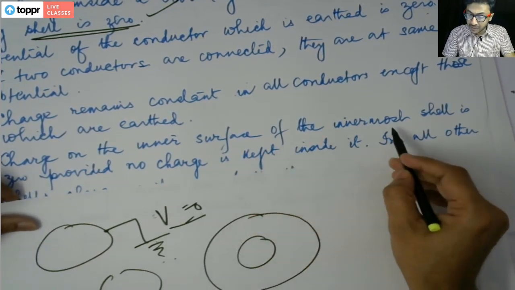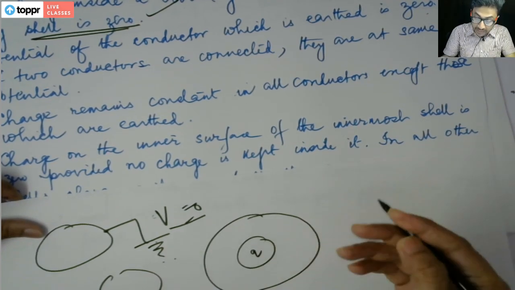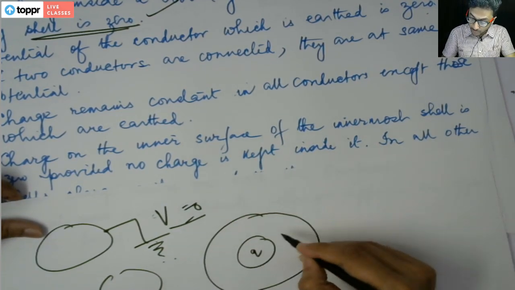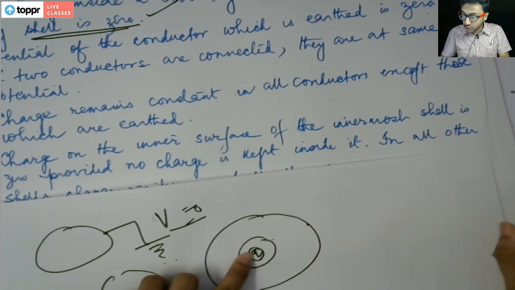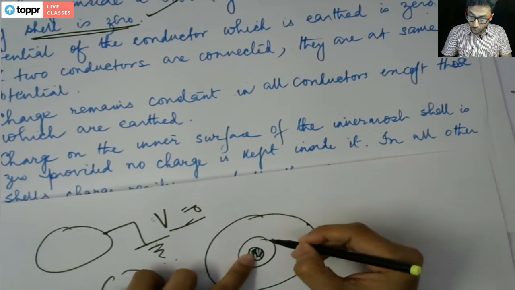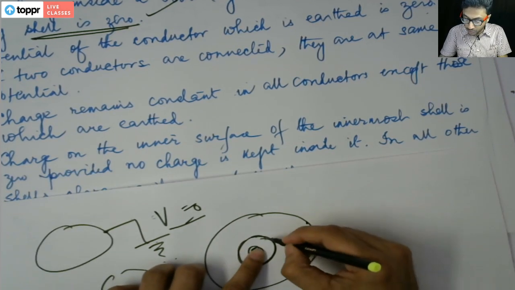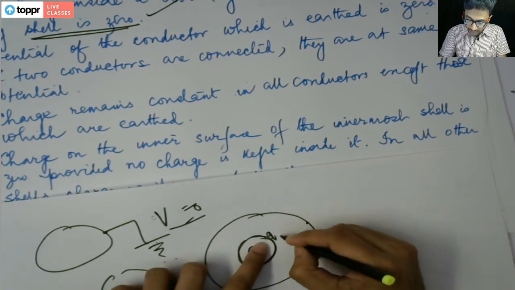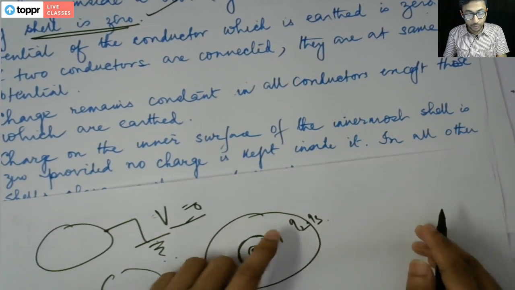Charge on the inner surface of the innermost shell: if we provide any charge inside, as we have seen, the charge will be reflected at the outer surface. So here the charge should be 0. This part the charge should be 0. The charge only resides on the outer surface of the innermost shell. Here Q1, maybe Q2 and Q3.